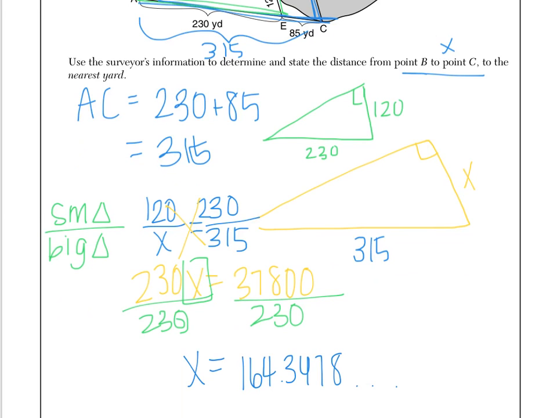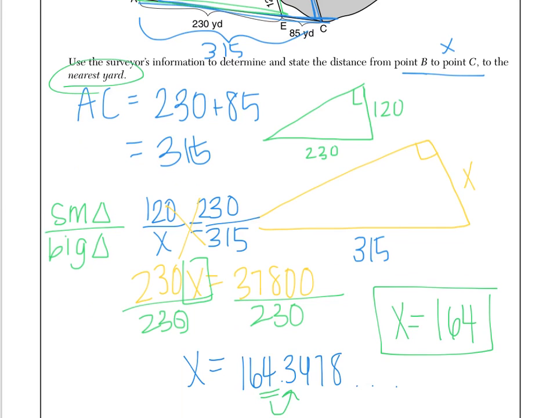But notice again they said to the nearest yard, so that means no decimals. I want to look at my ones place, look to the right. The 3 is telling me to keep the 4 as a ones place. So now I know that x is equal to 164. So final answer, 164.